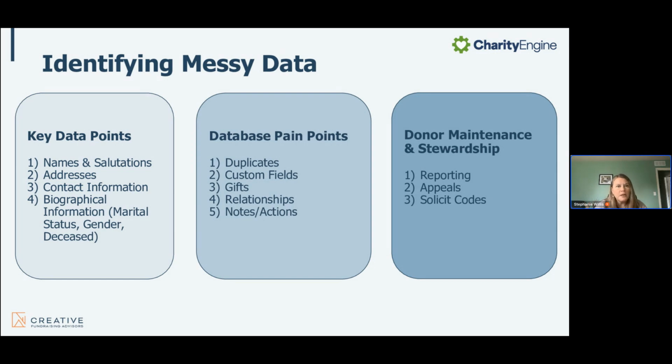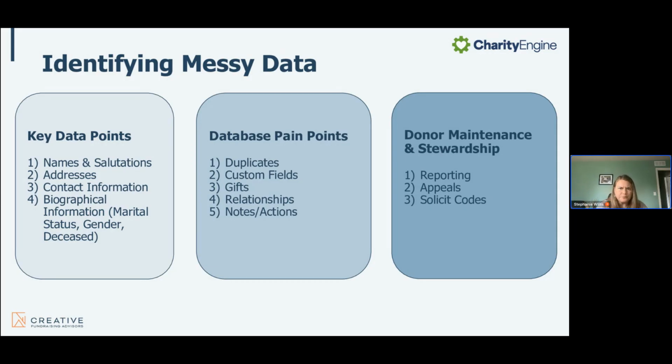But then the third bucket of messy data is actually, again, where the pain points came from, is reporting, appeals, and solicit codes. So reporting, messy data, again, if things are coded differently or you can't pull a report because of XYZ, that's your mess. That's where you need to focus. What is inaccurate? What do you need to fix so that you're able to do that?